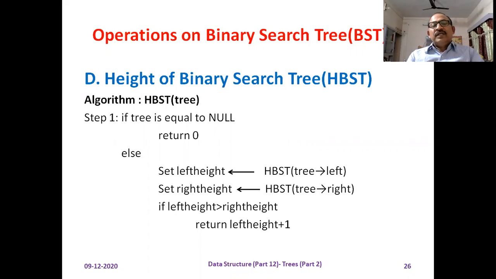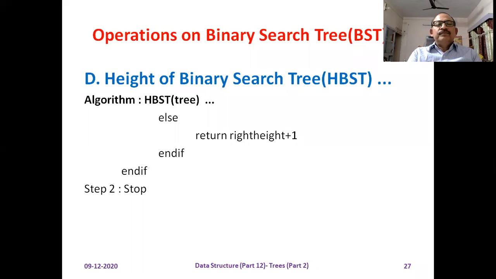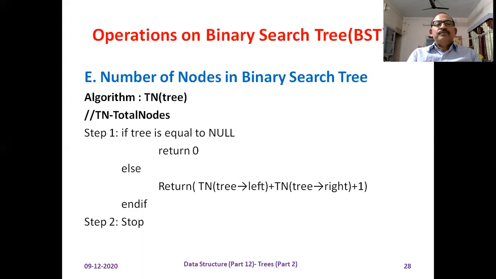Next, set right height equal to HBST of tree right. If left height is greater than right height, we return left height plus 1. Otherwise, we return right height plus 1. Next step is the stop.